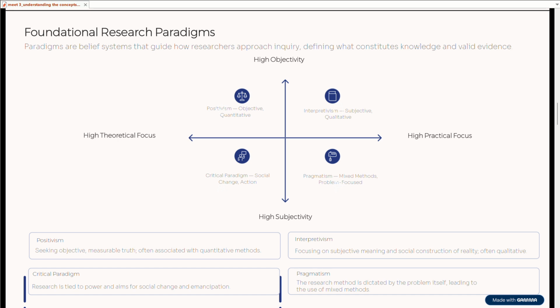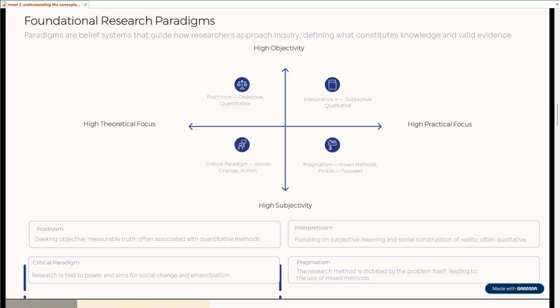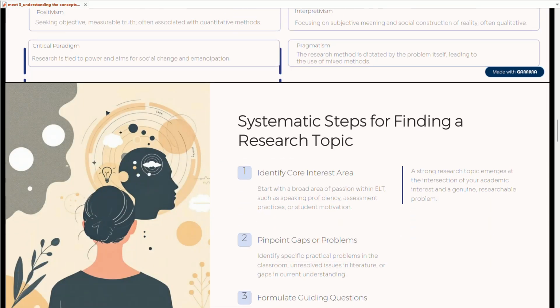On the right-hand side is the qualitative, which has the paradigm of interpretivism, subjective, and pragmatism, mixed methods, problem focus, and so on. Next, let's go to the next.